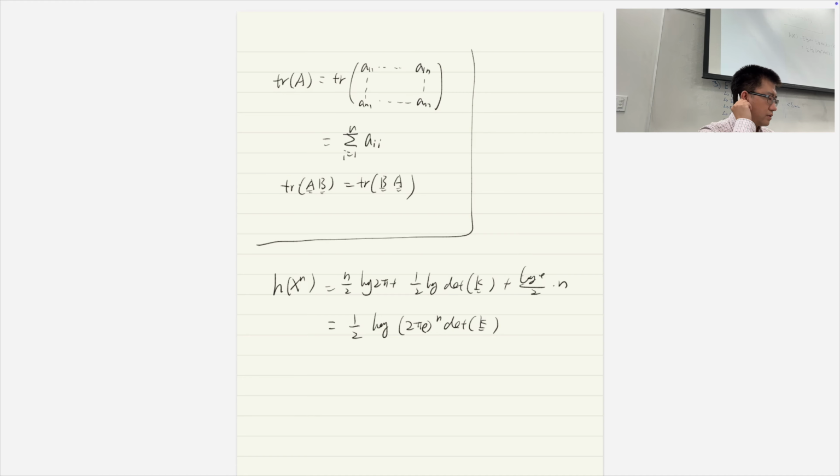Okay, so any questions? You can see an example in the book, so I'm now going to give you an example. Hopefully you can finish the example offline. Let's consider a Gaussian vector (X, Y) with this kind of distribution. So sigma 1 squared, sigma 2 squared.